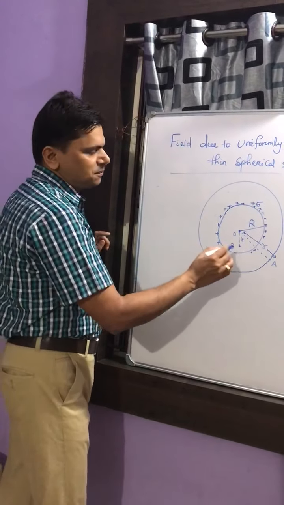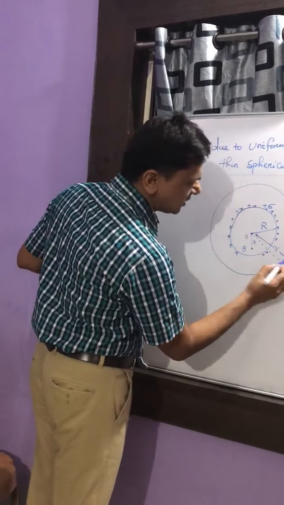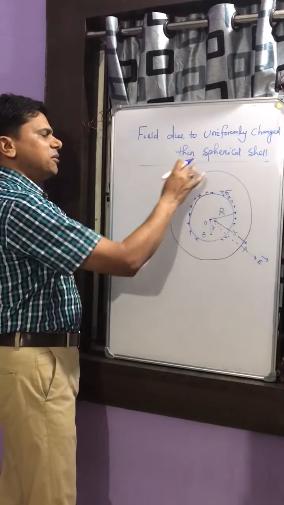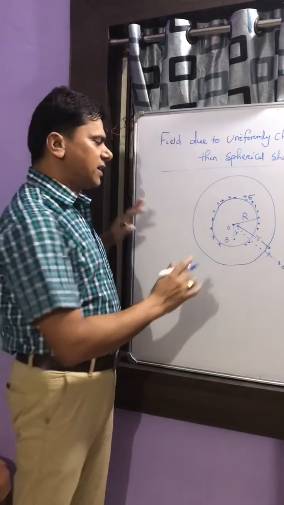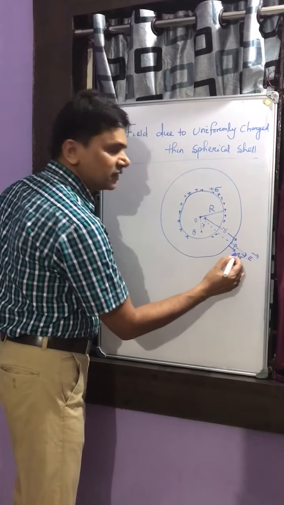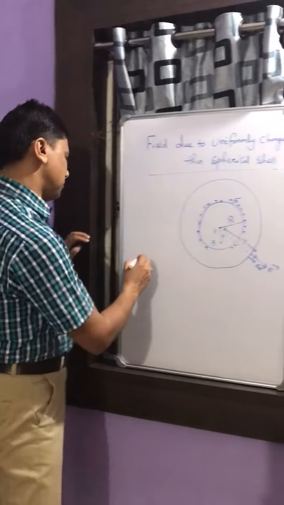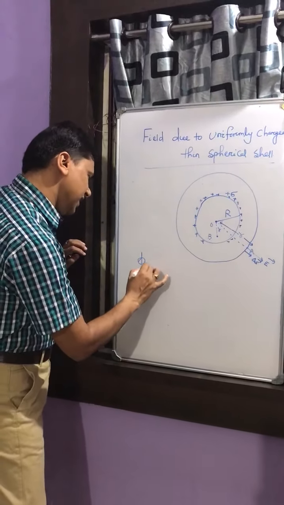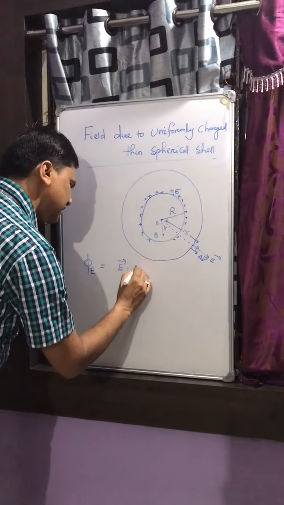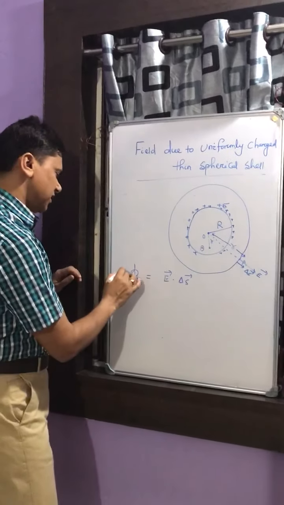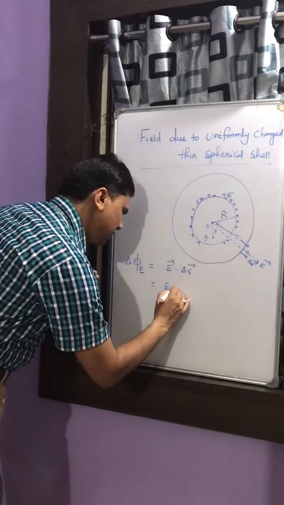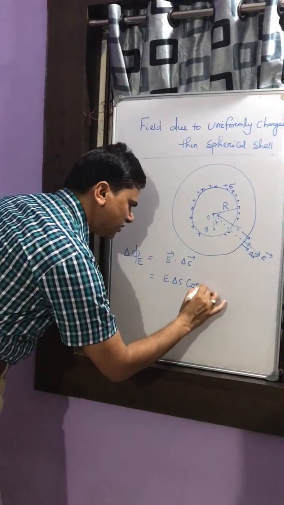Now, at any point on this Gaussian surface the electric field will be outward. Any point you take, it will be outward, and suppose at this point we take a delta S. Then the flux linked with this delta S, delta phi, will be E dot delta S, which equals E delta S cos theta.